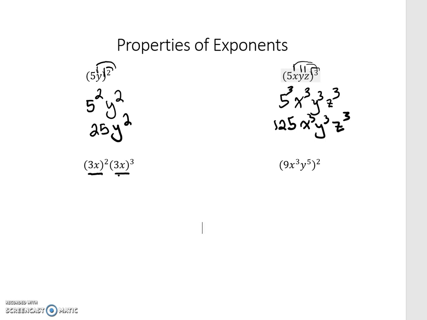So I'm going to actually use two different properties to simplify this one. So my base is 3x, so I'm going to go ahead and put my parentheses. The first one has a square, so I have 2, and then remember that the product property says that I add my exponents together, so I need to add my second exponent to that, and I get plus 3.